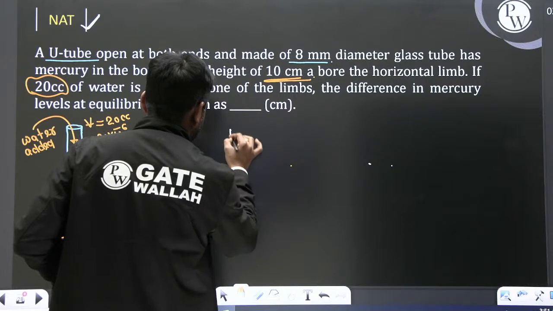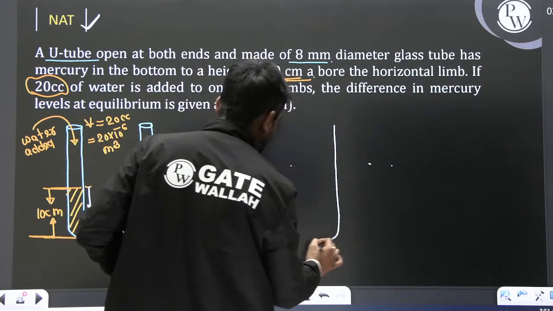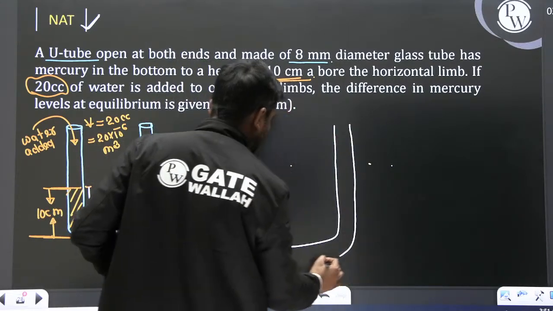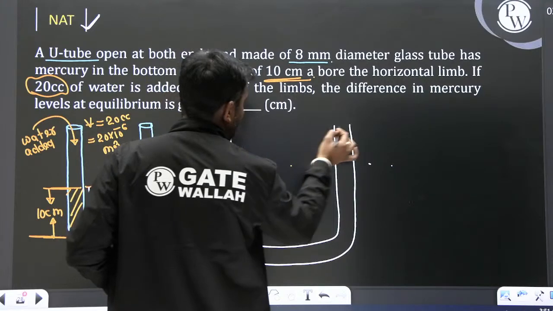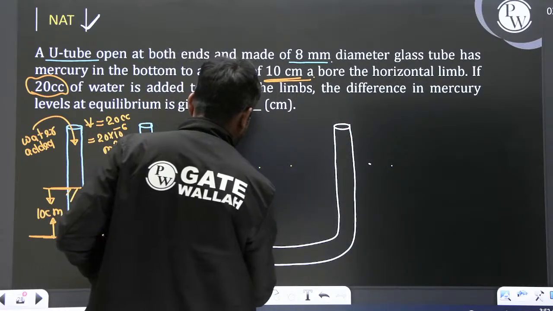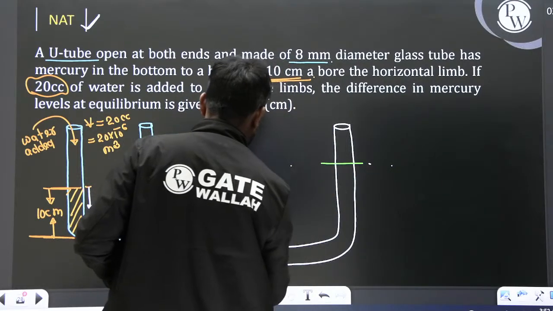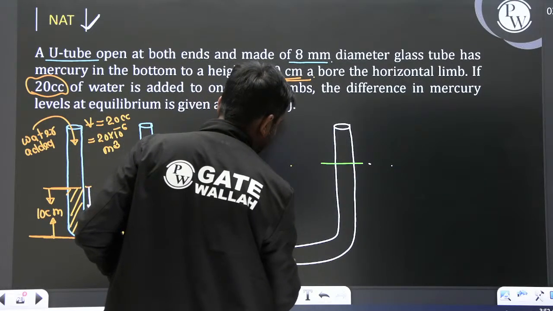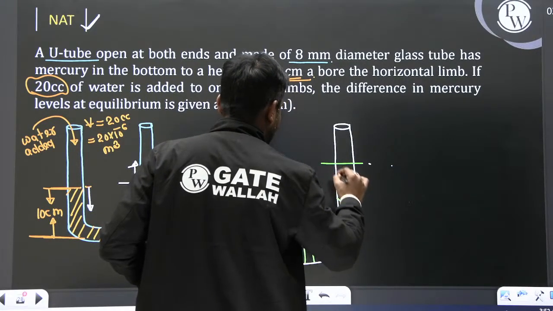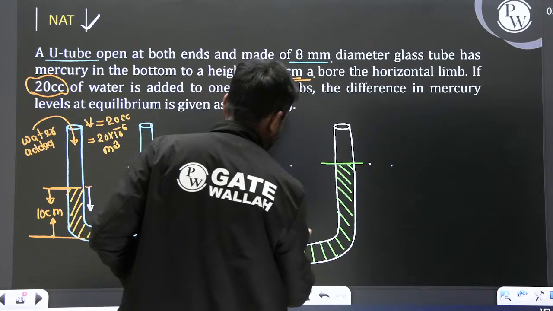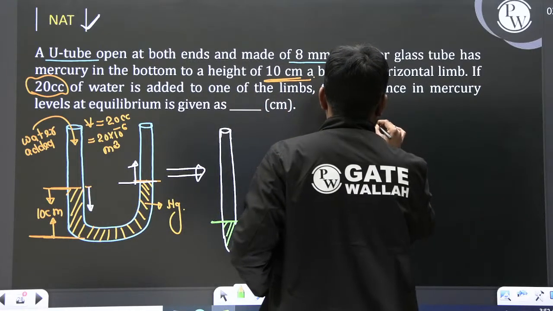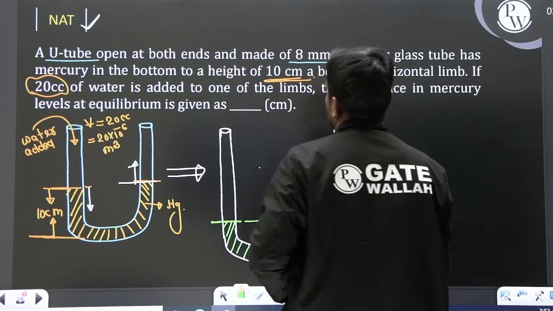So there will be a rise and fall. Let me take this as rise and fall. The diameter is given as D, and that diameter is 8 mm.